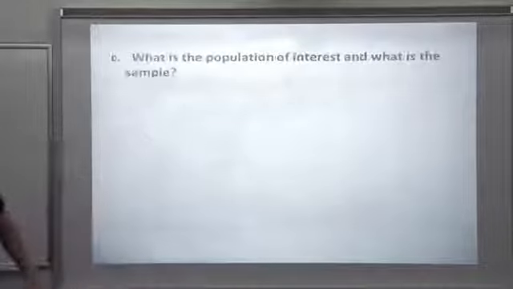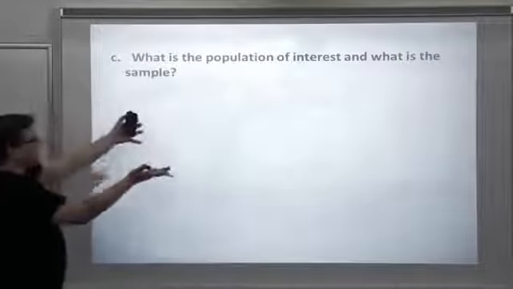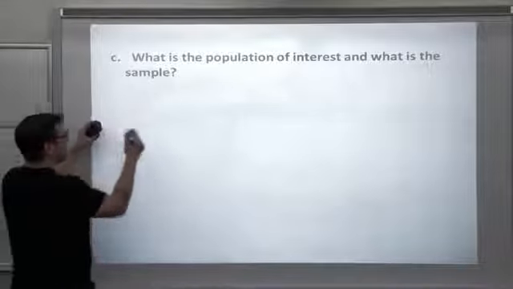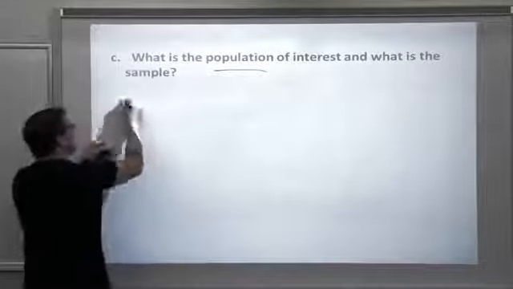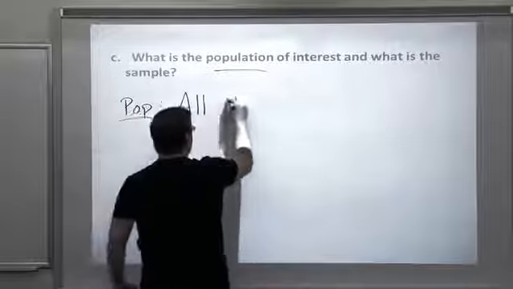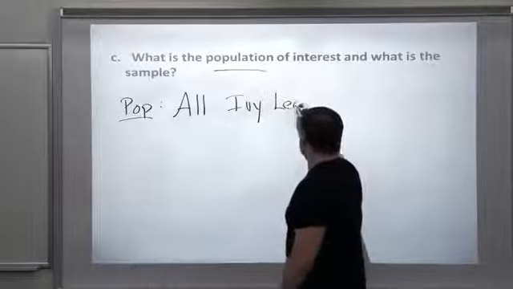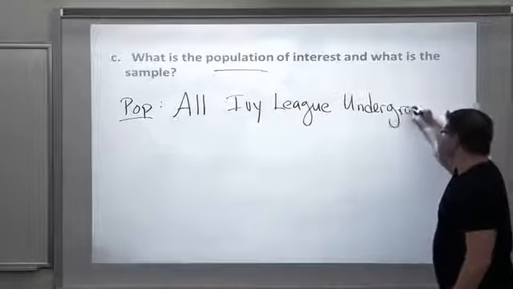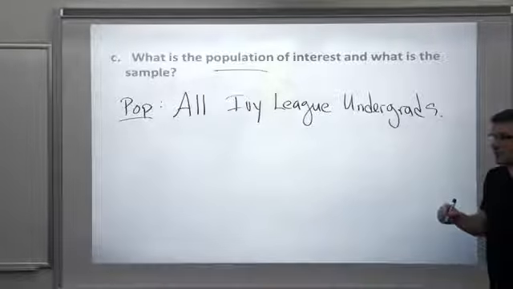Question, I guess there's a C here. What exactly is the population of interest, and what is the sample? All right, population of interest. This would be all Ivy League undergrads. Every last one of them.